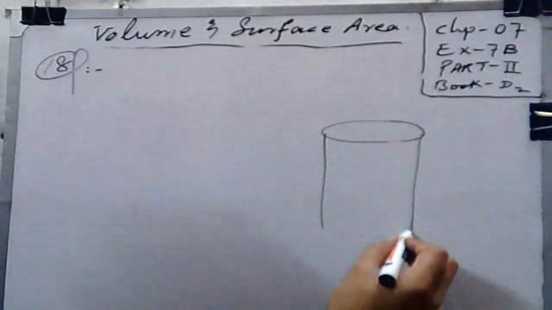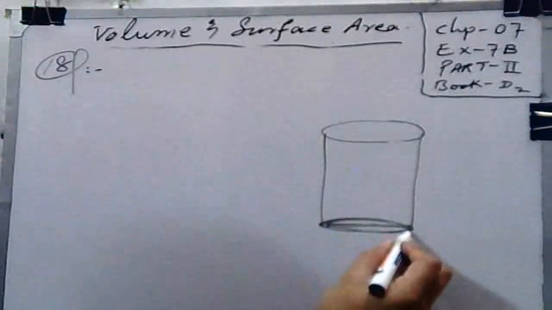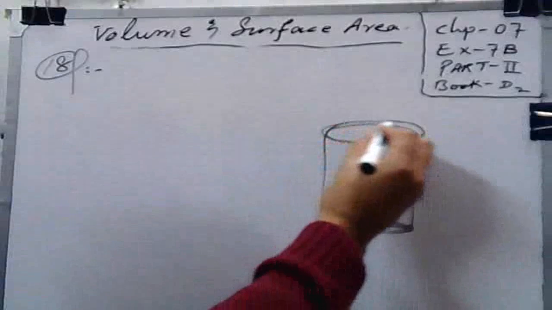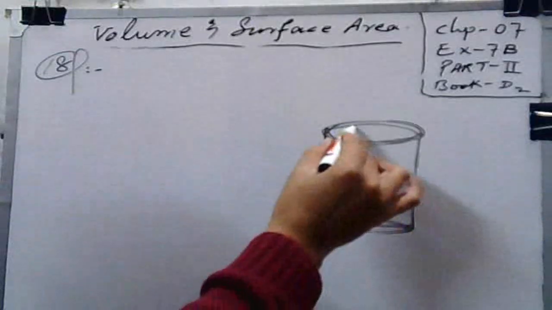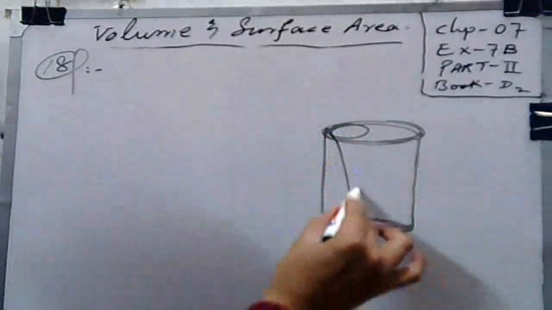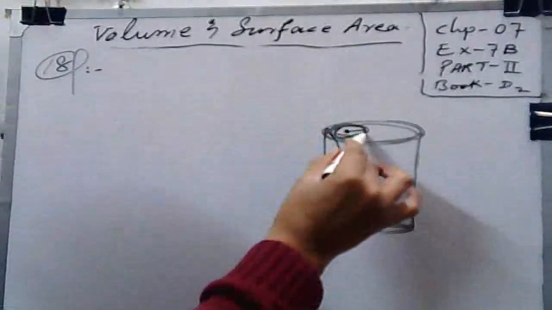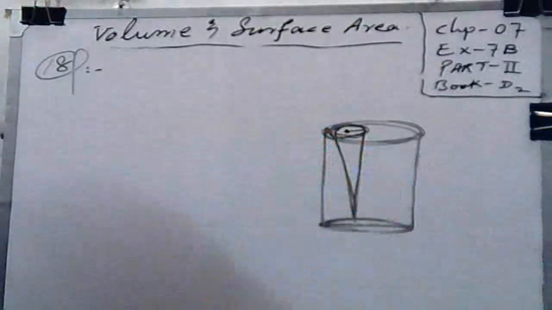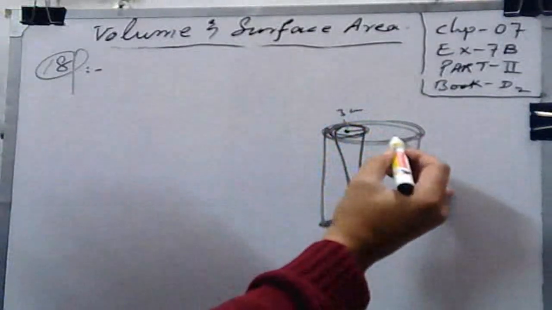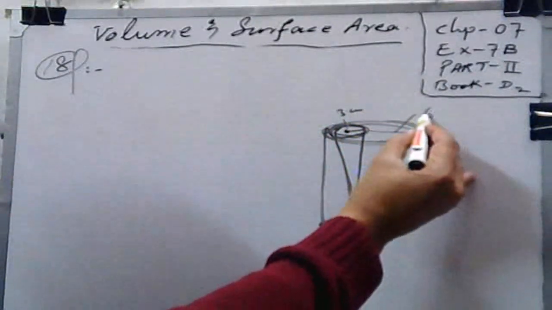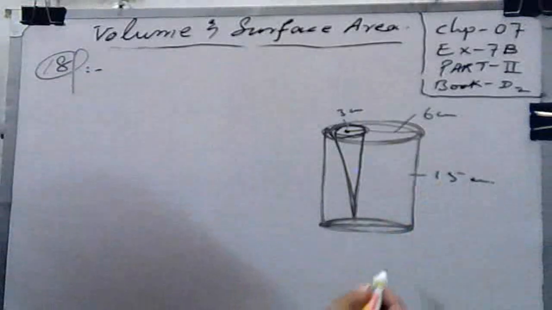First of all, you see the diagram like this. You are given a cylinder like this, and in this cylinder a cone-shaped hole is placed, and that is your 3 centimeter, and that is your 6 centimeter, and that is your 15 centimeter.